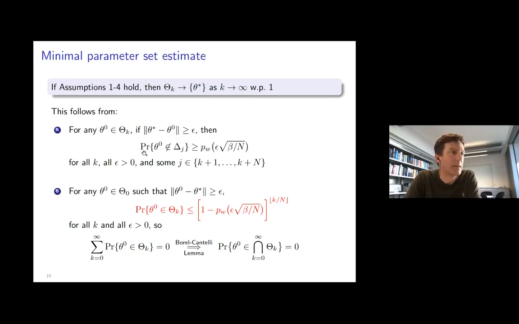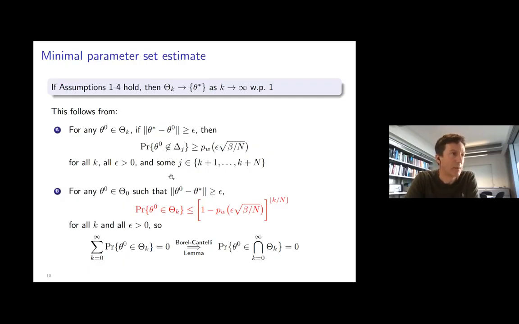And the reason for this is basically we can get a bound on the probability that any given parameter value that's greater than a certain distance from the true parameters doesn't belong to the unfalsified set, on any time interval of n time steps, where n is the window that was used to define the persistence of excitation condition.